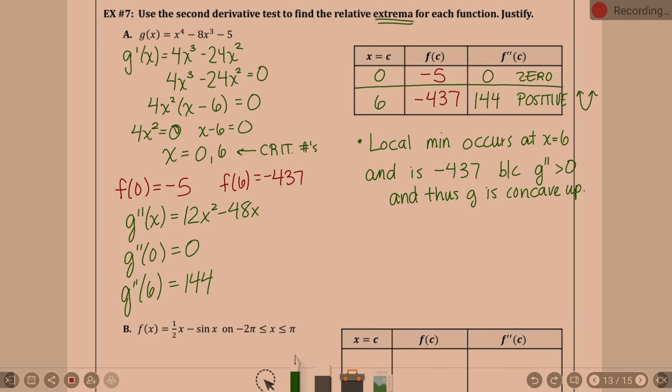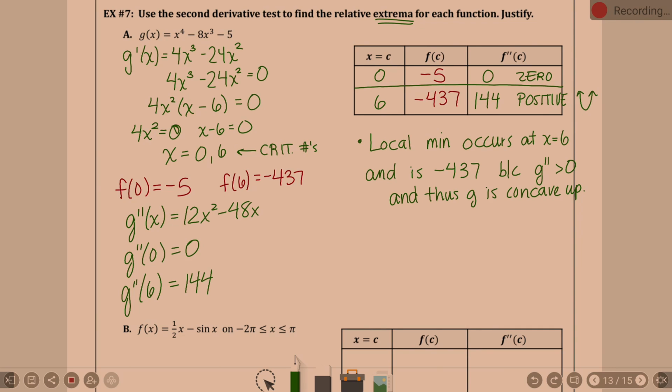Now, we also have a 0 here, yes? Our second derivative is 0. So based on the second derivative test, we're going to say no conclusion. Okay? More likely than not, I would expect it to be a point of inflection, but we haven't tested that information.